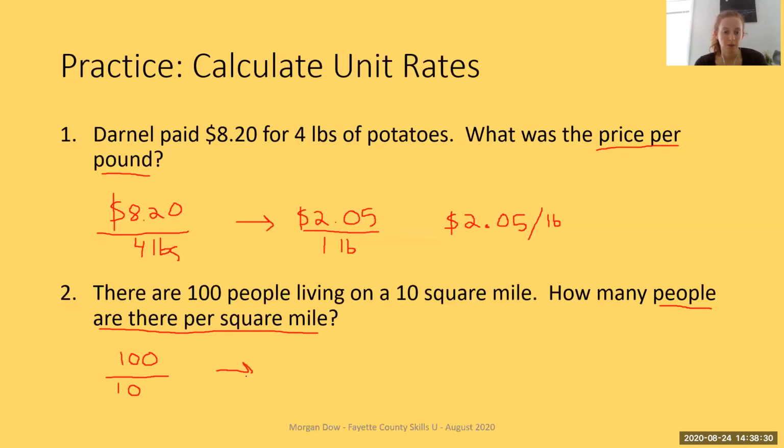So my people per square mile will be 100 divided by 10, which is 10 people per square mile, per 1 square mile. And instead of writing out square miles, I'm going to abbreviate it like this, miles squared with the little 2.